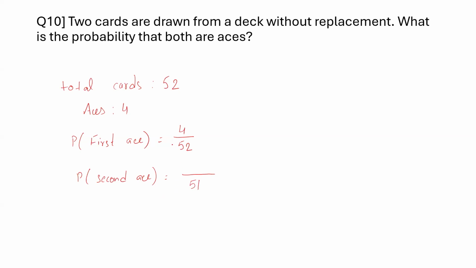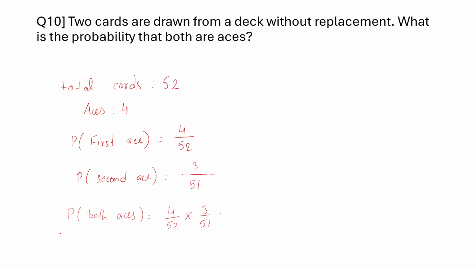And since one ace you have already removed, now you have only 3 left. So what is the probability of 2 aces? It is 4 by 52 into 3 by 51. This is the final answer.